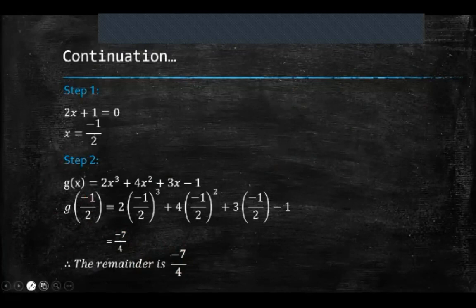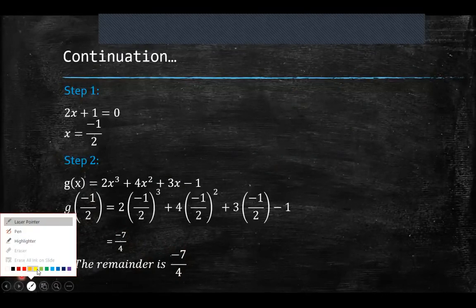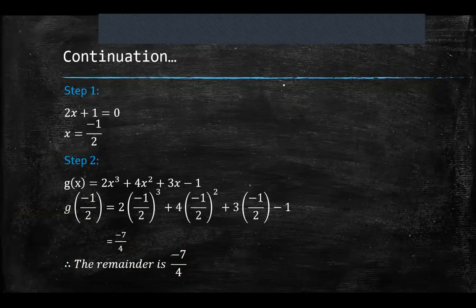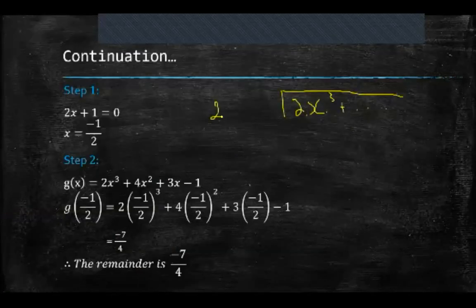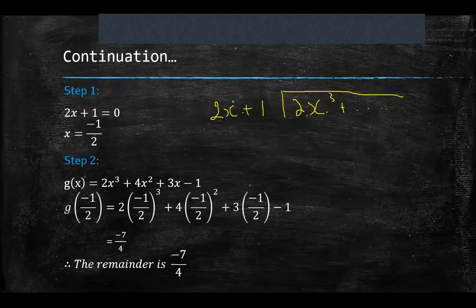You might be wondering, what's the purpose of this remainder theorem? Well, you see how we were doing long division just now, where you had your polynomial expression. So let me just use 2x cubed again, plus whatever, right? And it's divided by 2x plus 1. Instead of doing that whole long division thing, 2x into 2x cubed, whatever, get that whole long thing, that's going to take up time.